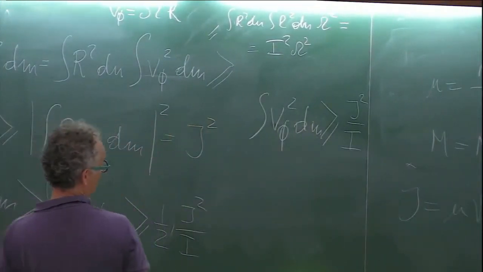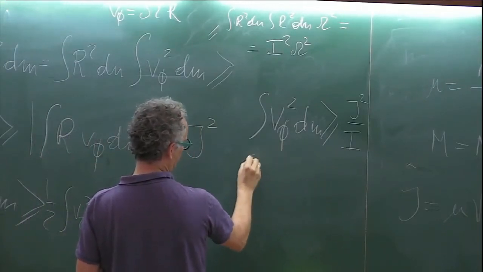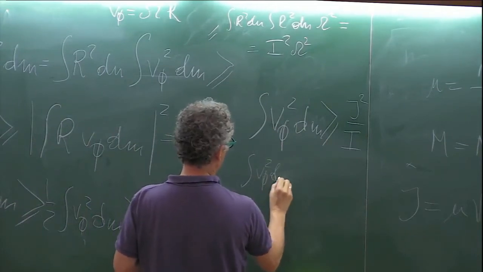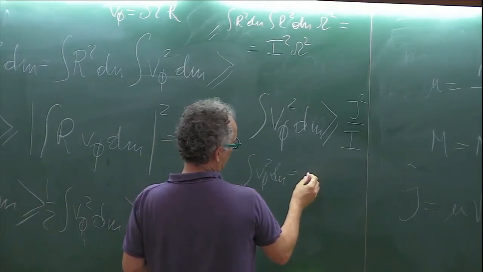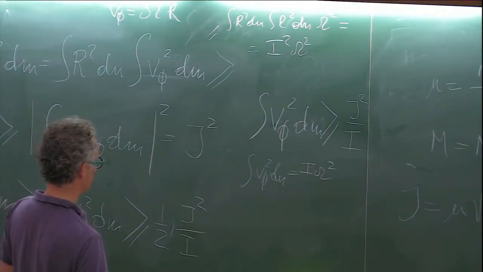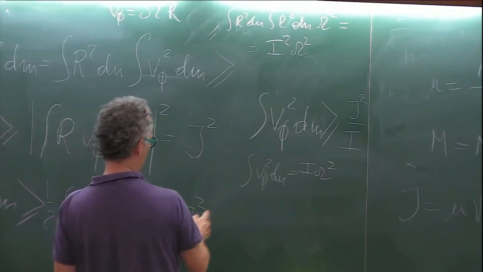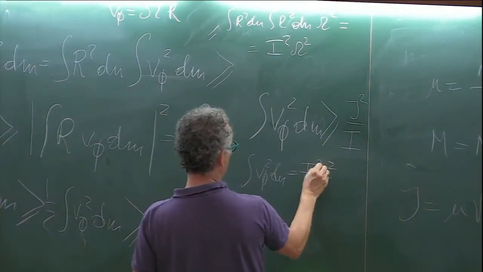So the integral of v phi squared dm is equal to I omega squared, and J squared is I squared omega squared, yeah?